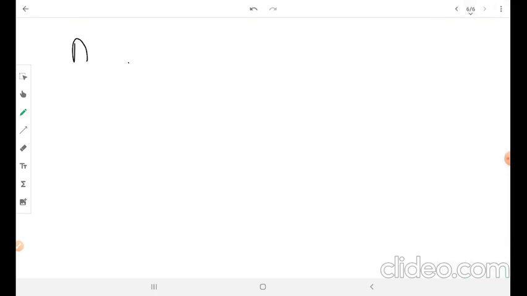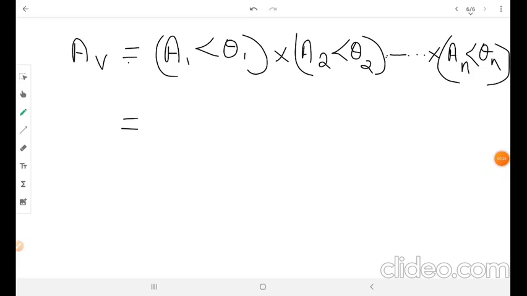So, that overall gain Av, we can write it as the multiple of the individual gains. So, we can write it like this: A1 angle theta 1 into A2 angle theta 2 up to An angle theta n.